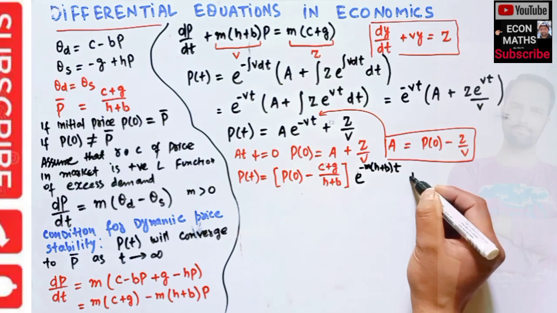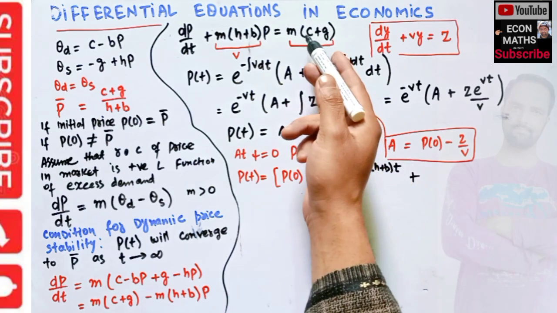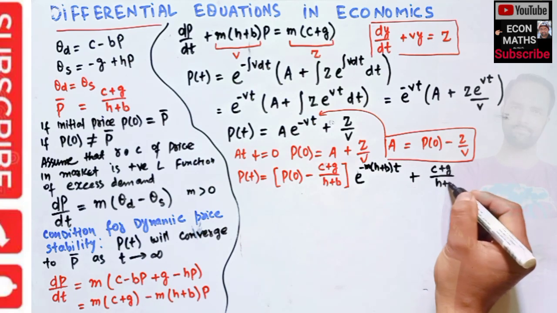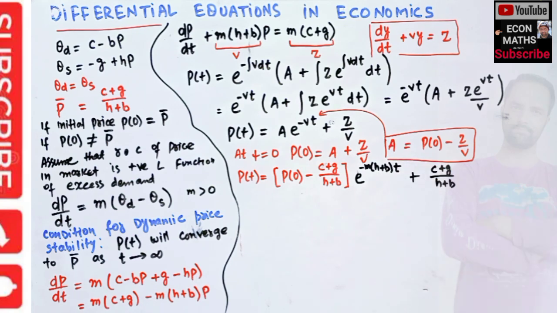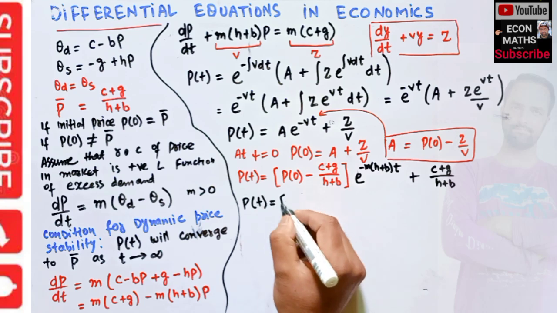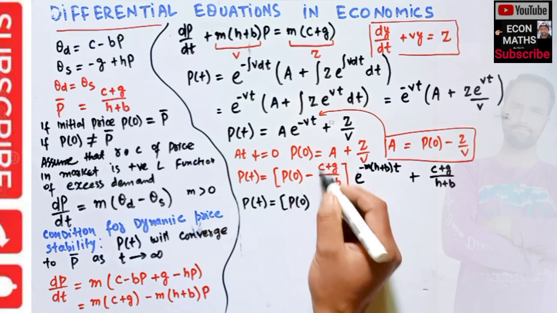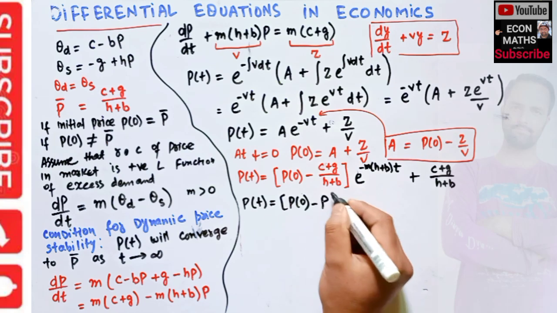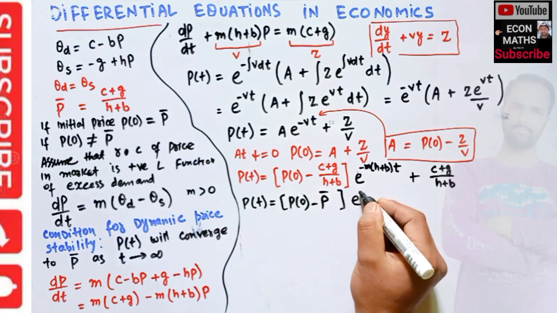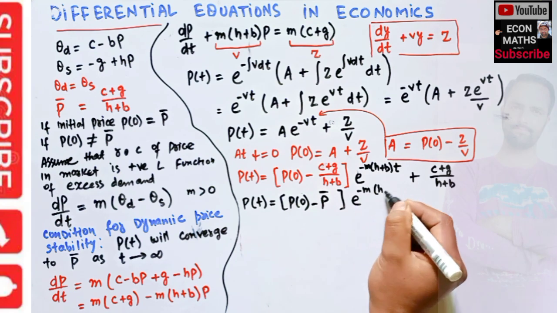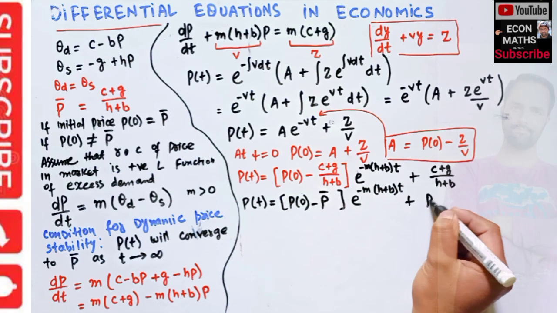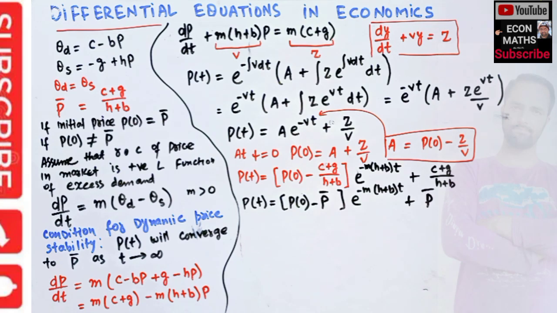Then we have plus, in place of z again we have this c plus g upon h plus b, m and m will again get cancelled. Again writing in this fashion, p(t) will be equal to p0 minus p bar, which we got earlier, this equilibrium price, e raised to the power minus m(h plus b)t plus, again this very thing is p bar.